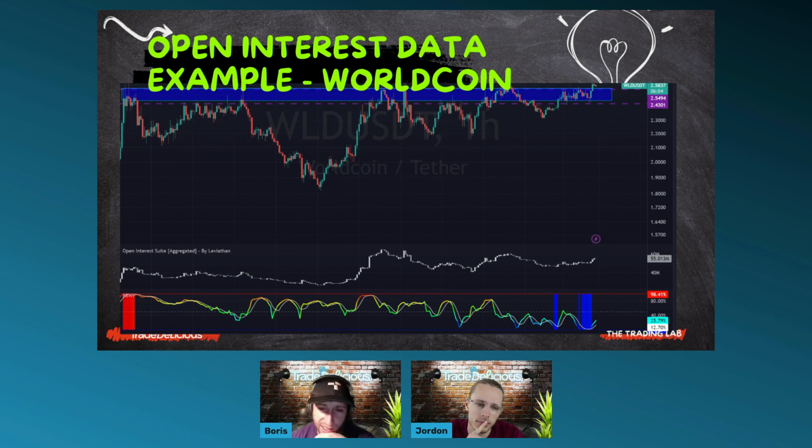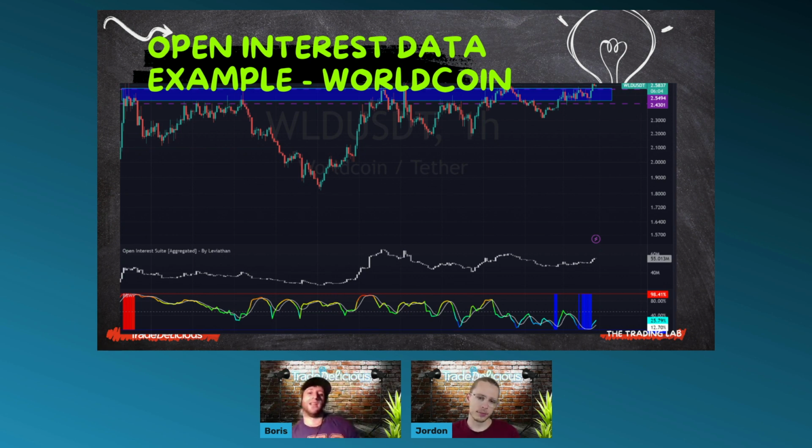It's kind of a side topic, but at the bottom here I have this volatility indicator, and it measures the volatility in relation to time. When you see these blue bars right here, this indicates very low volatility, in the bottom 5% of readings.